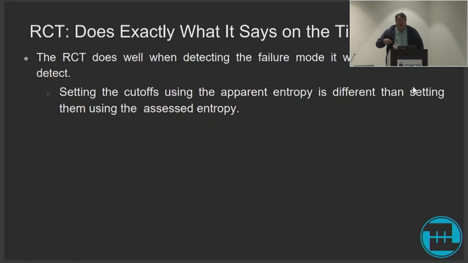As it turns out, I mentioned earlier that oftentimes what essentially dictates the behavior of these things is something I was referring to as apparent entropy, where apparent entropy is established entirely by the probability of the most likely symbol. And so if you're attempting to assess what particular cutoff to use, one approach is to ask, what is my apparent entropy, either empirically, by attempting to estimate it from a very large number of very large samples, or using a stochastic model or some other model that gives you some insight as to what sort of data is output.